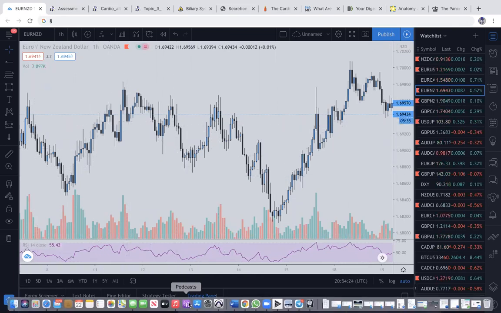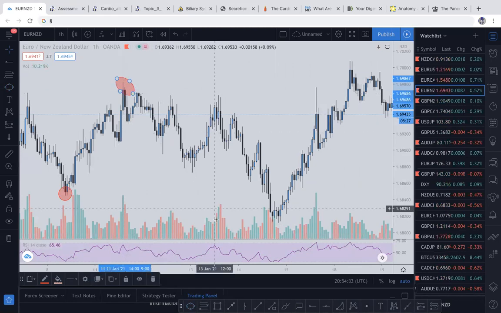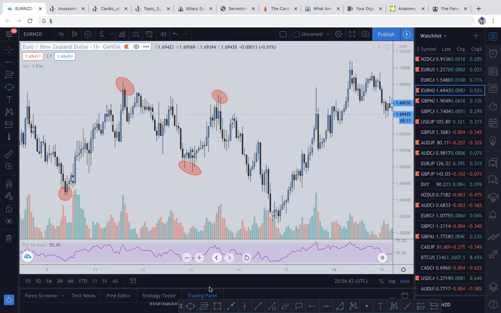In this case, I'm going to assume I have this area as a clear peak. That area, clear peak. That area, clear peak. All I'm doing is I'm just following price, the movement of price, how price moved.